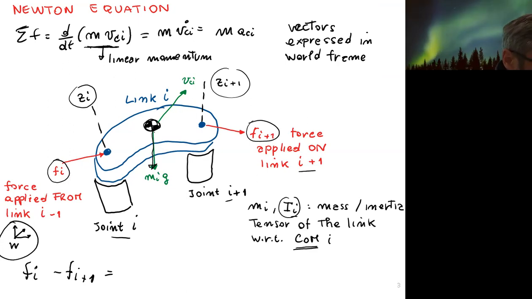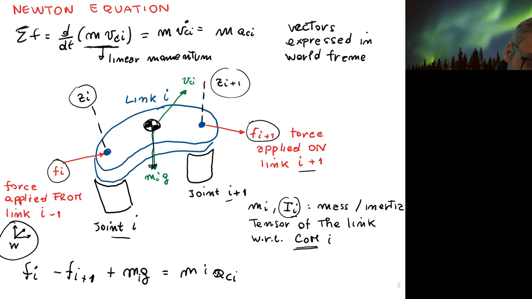And sorry, we are also missing a gravity force. This sum of forces is equal to the variation of linear momentum, that is m times acceleration of the center of mass of link I.